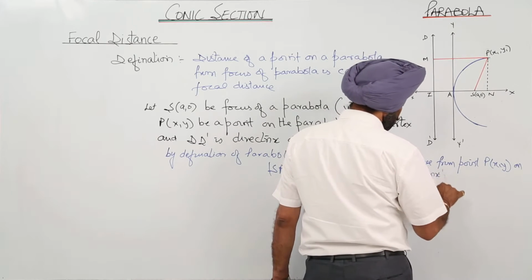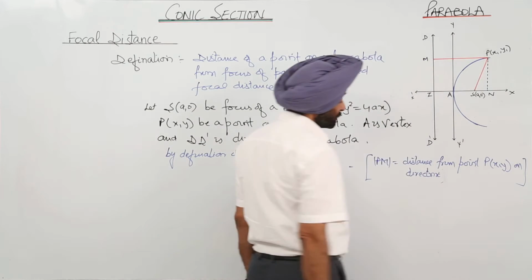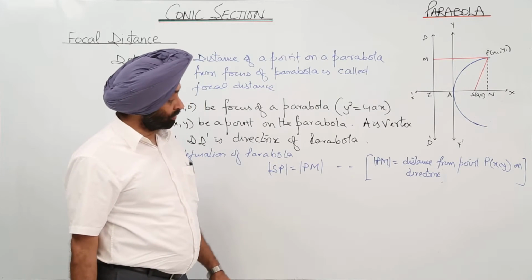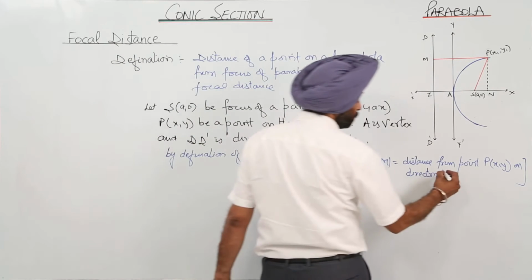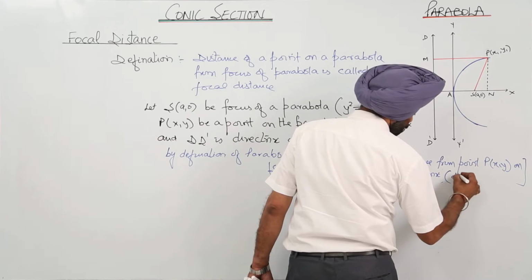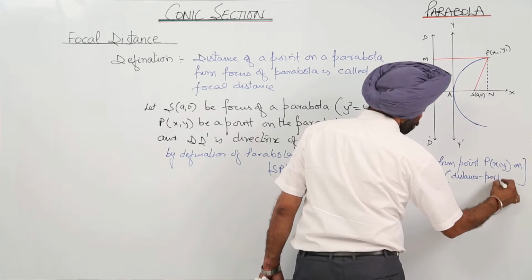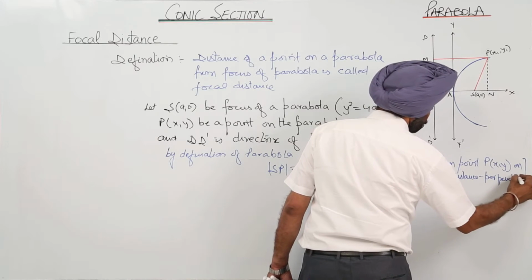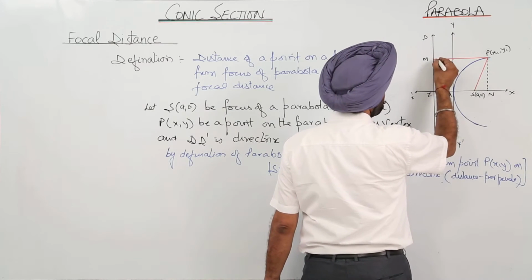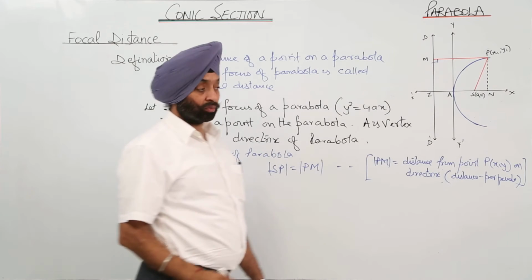Distance from point P(x1, y1) on the directrix. You can write it, distance is always perpendicular, means this distance. Okay, it is a perpendicular.